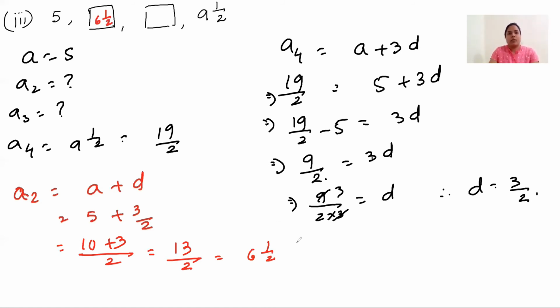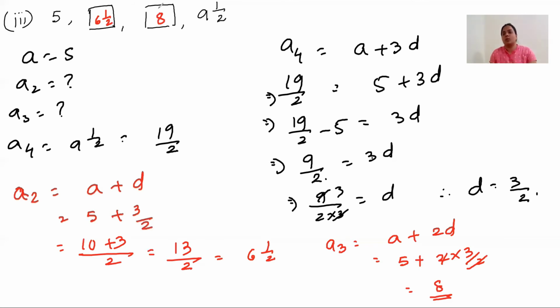Correct? Now we have to find A3 also. So A3 is equal to A plus 2D. A is 5 plus 2 into 3 by 2, 2 cancel. 5 plus 3, 8. So our A3 is 8. So both the boxes are filled. Correct?